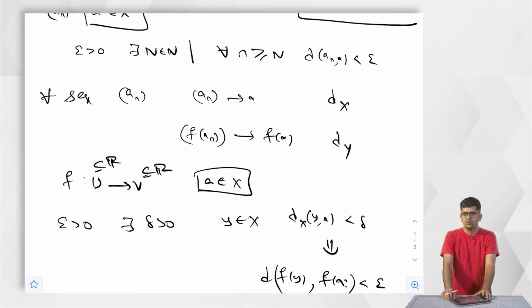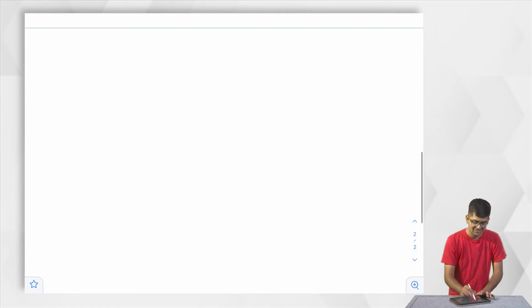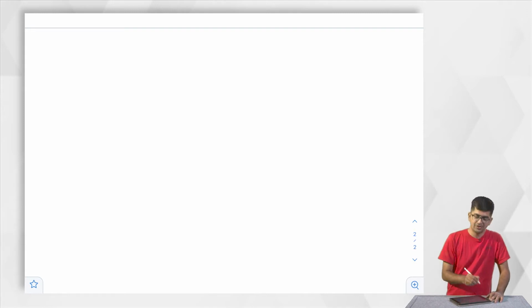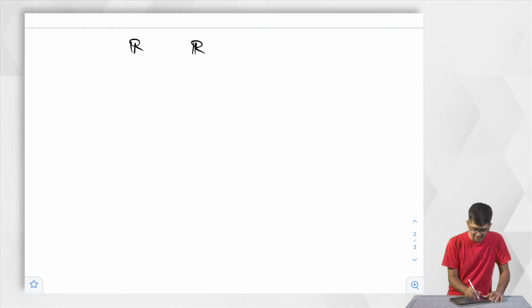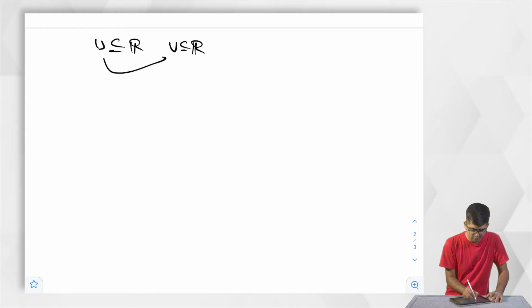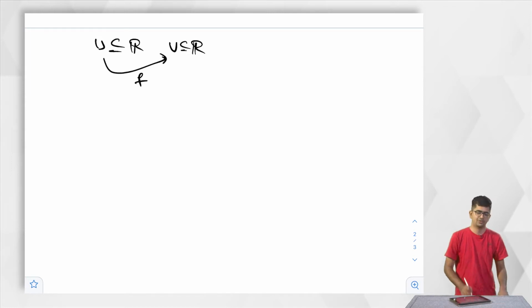Now, one useful thing with metric spaces is the following. One can talk about continuity between two spaces that are not subsets of R. Usually this is what we have done till now: there is a map from U to Y, and we call it continuous or not.